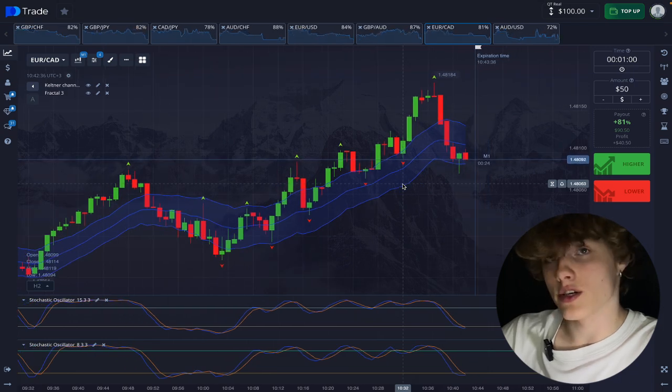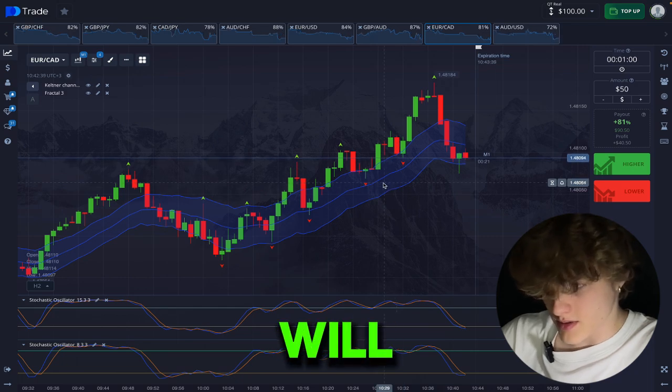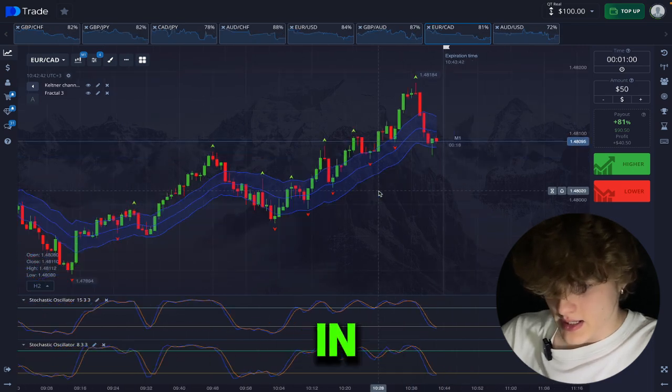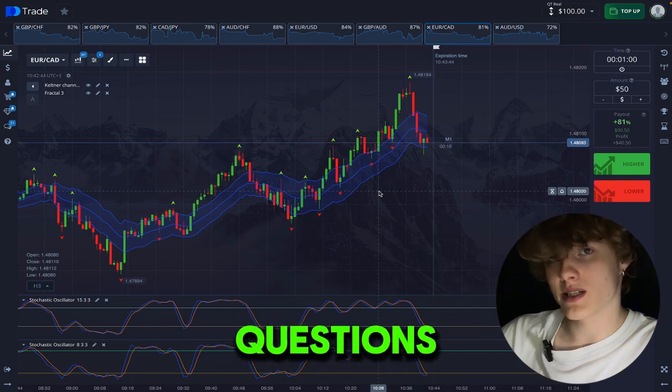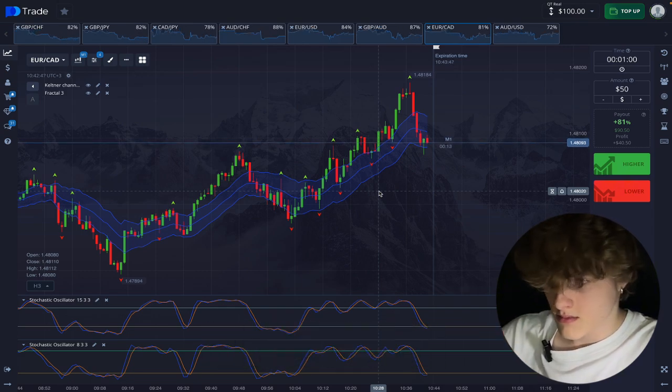Also the search for the local highs and lows, which the fractal will show me, of course. In general, I think there should be no questions, and every trade I will try to explain in detail. So let's start trading, and I'll select the first currency pair.